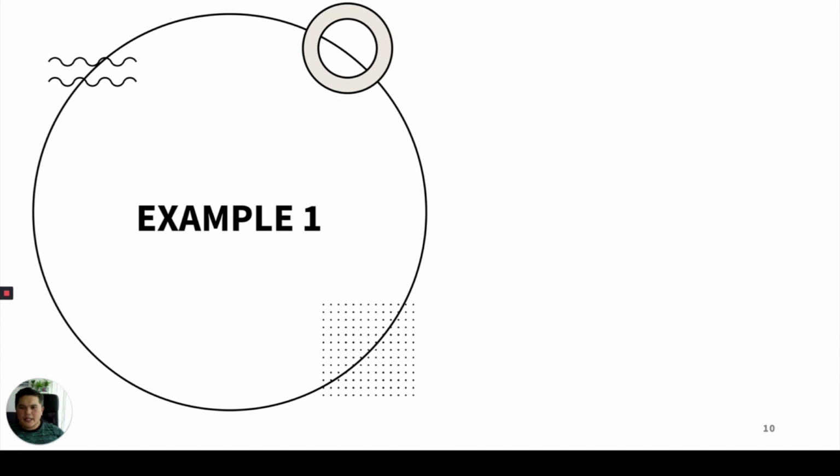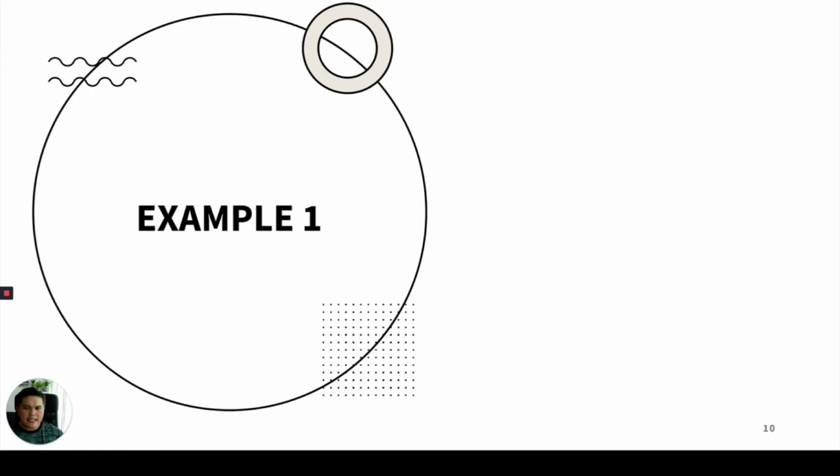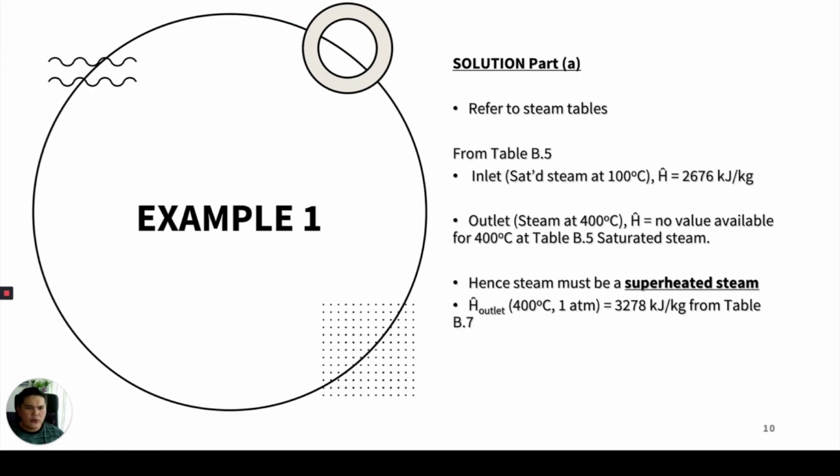So now you have seen from the previous slide how to determine the H value, the specific enthalpy, at 100 degrees Celsius for saturated steam, and the specific enthalpy value for 400 degrees Celsius in table B7, which is considered superheated steam.